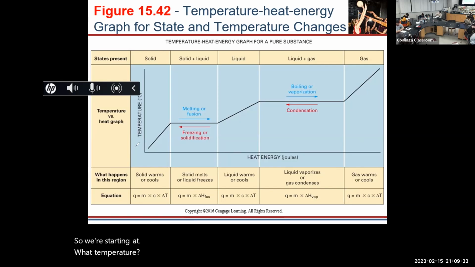We're starting at negative 12 degrees Celsius, and we're going to 115 degrees Celsius.